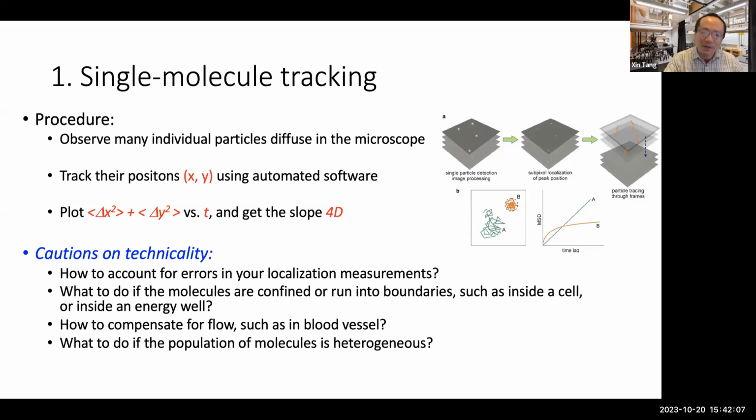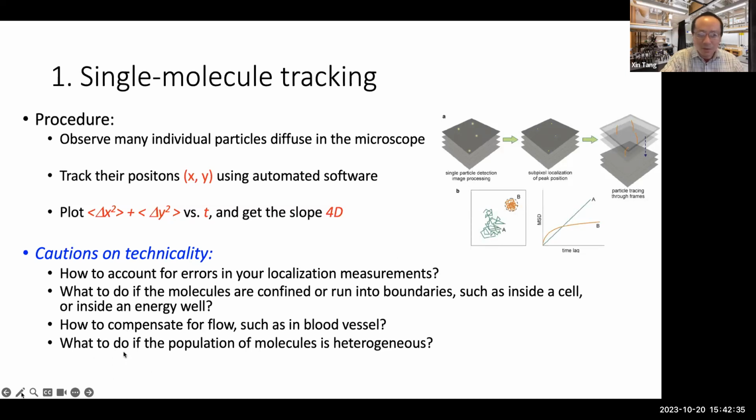And because the heart is beating, the flow actually is not going one way uniformly. It goes forward and then goes backwards when the heart is contracting, right? So those cyclical movements actually apply a force to the particle, making the analysis more interesting. So we need to know this and analyze them carefully.